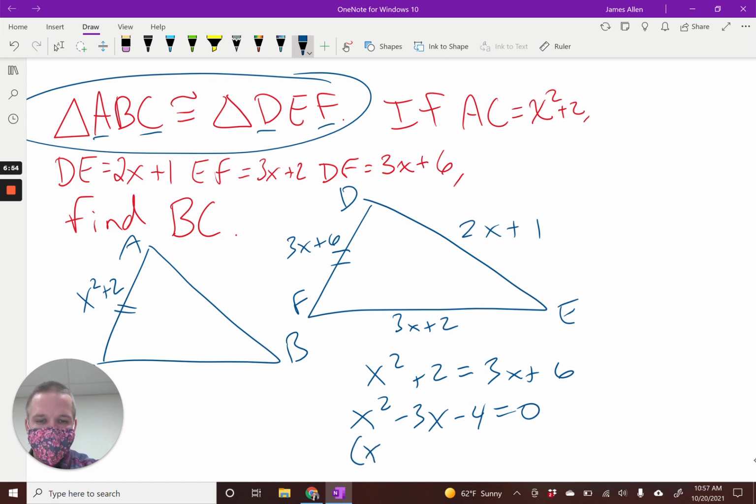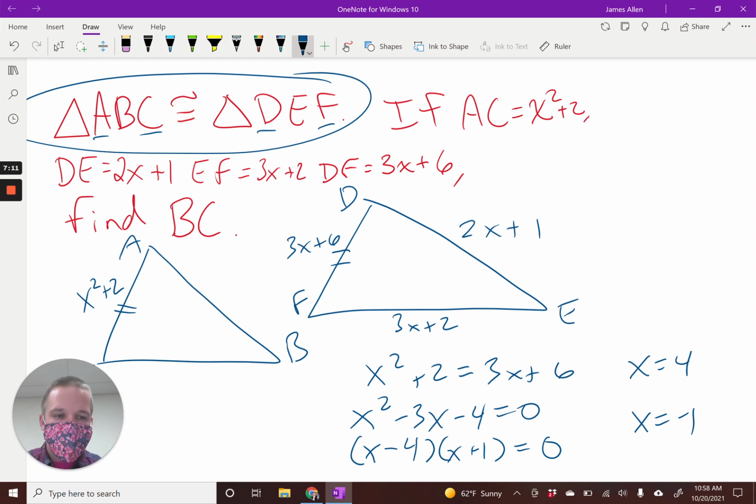And then I'm going to have to factor. So I have x and x here. What multiplies to negative 4 and adds to negative 3 would be negative 4 and positive 1. So I'm going to get x is equal to 4 and x is equal to negative 1. Now, when we're faced with two answers, we like to check and make sure they are both working or only one of them's working.